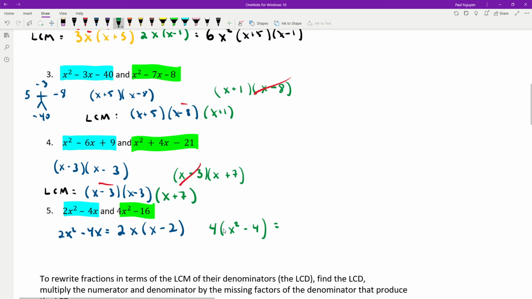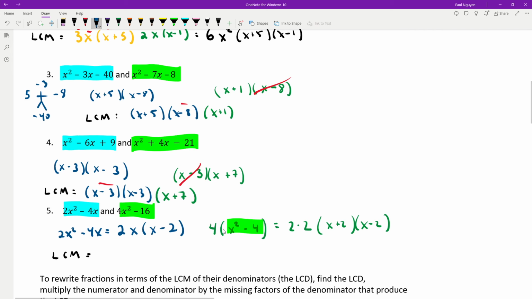I'm not done. This is the difference of squares. I can continue to factor. So I'll factor that 4 as 2 times 2. And this into the difference of squares, x plus 2, x minus 2. So now I find the least common multiple.